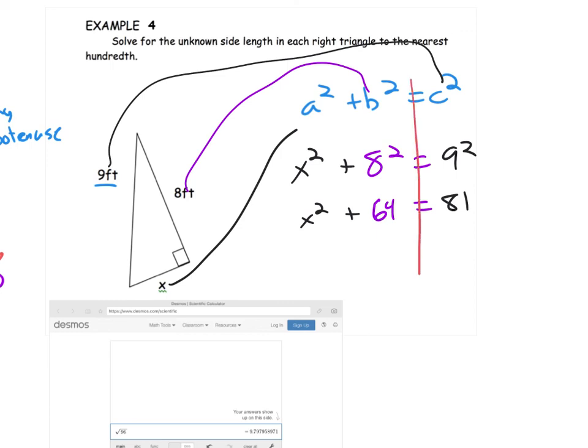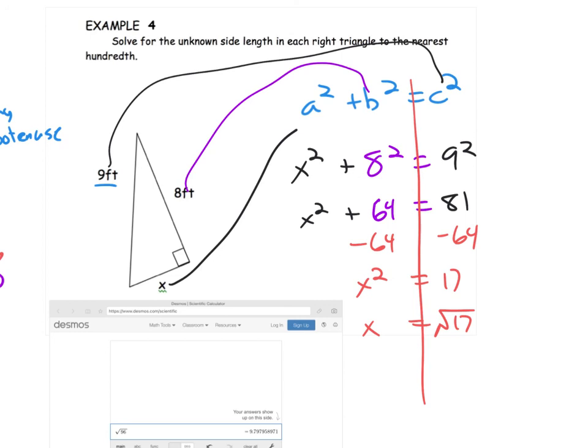I'm going to solve this equation. So if I do it to one side, I need to do it to the other. And I'm going to come away with the number 17 is equal to x squared. Again, my last step, just take the square root of that. So x is going to be equal to the square root of 17, which I can, again, just plug into my calculator.